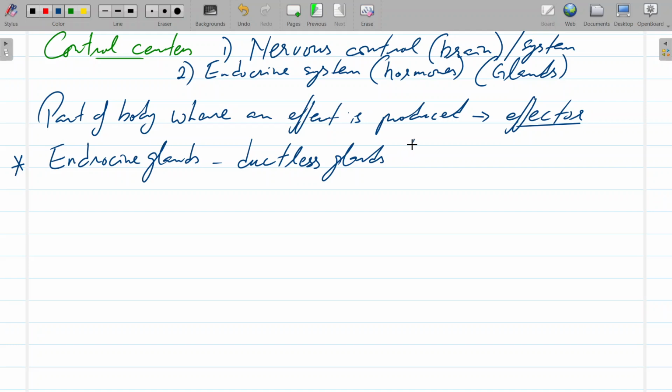So they do not have any tube that is connecting them to where they want to release the hormone. And secondly, they release the hormone directly into the blood.